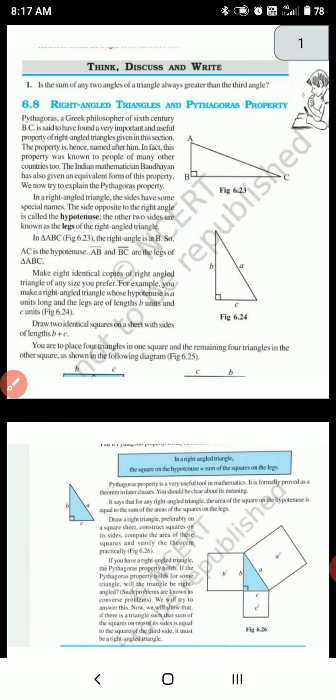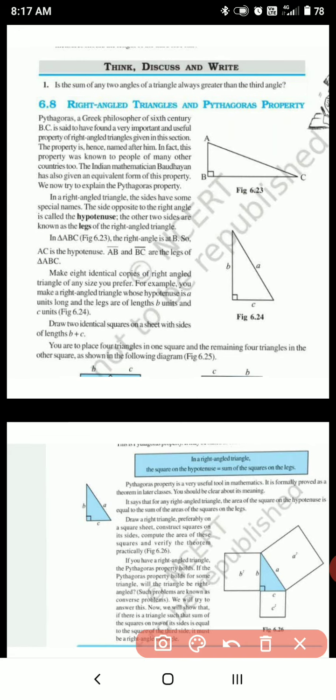So in this right angle triangle, see here, B is the right angle, and opposite of B is AC. This AC is called the hypotenuse. And these two sides, AB and BC, are the legs of the triangle.